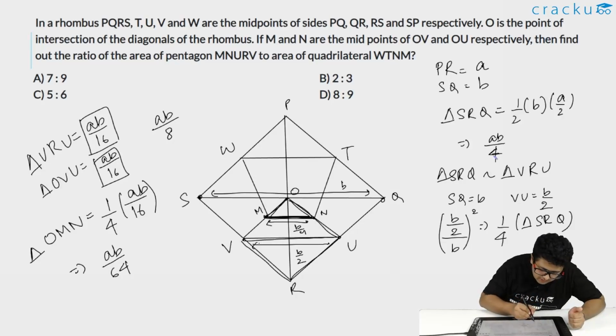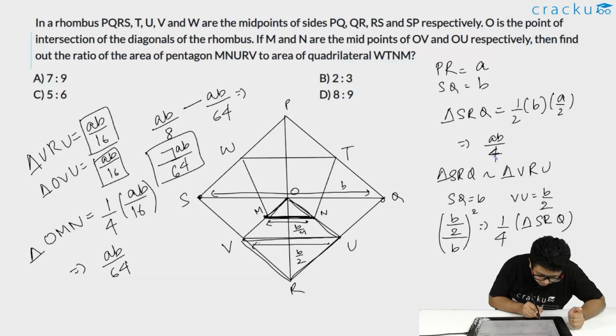And subtracting AB by 64, which will give us 7AB by 64. So the area of the pentagon MNURV will be 7AB by 64.